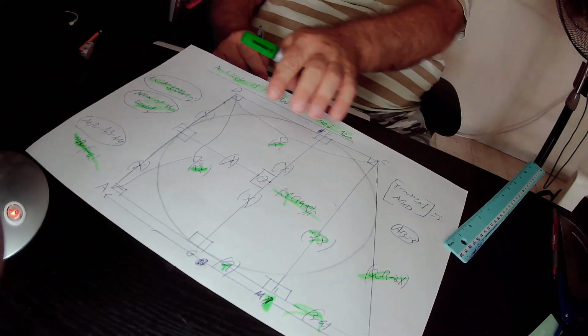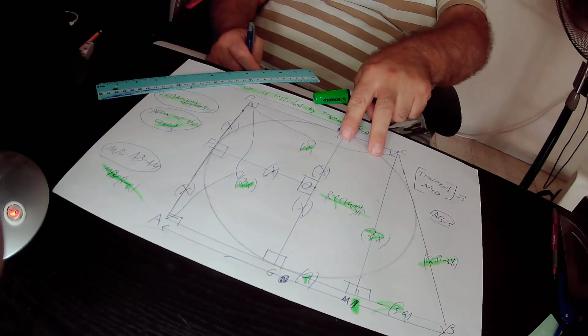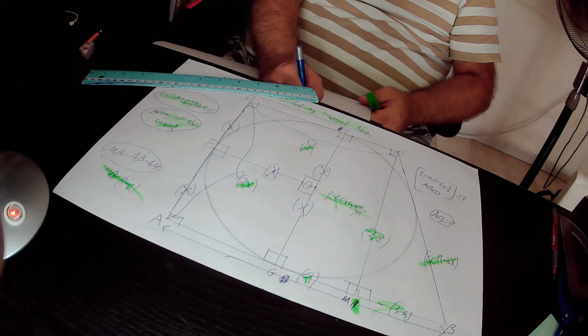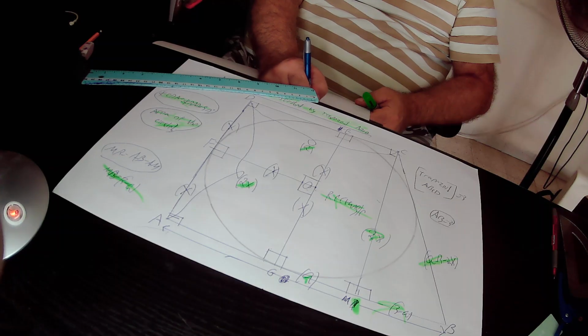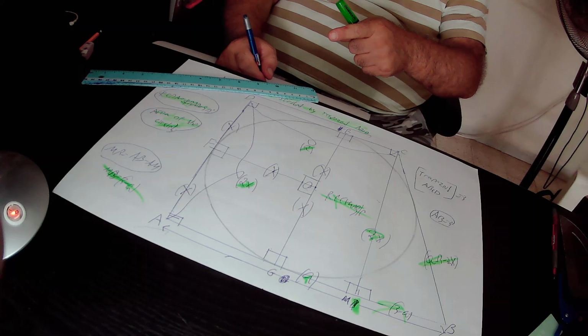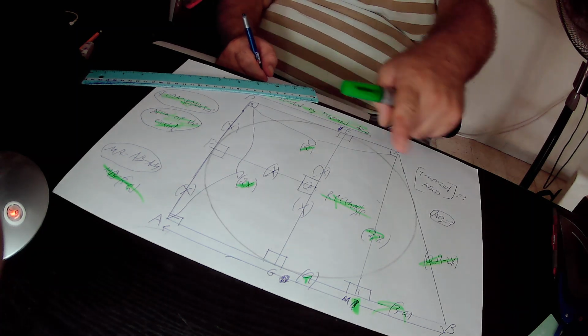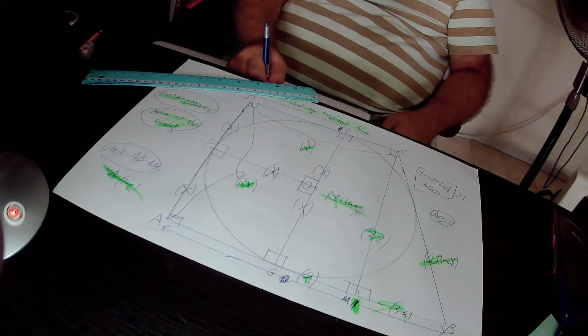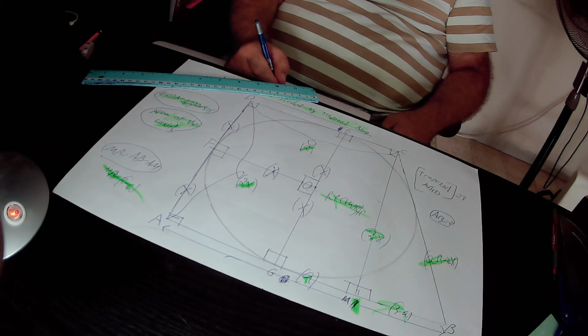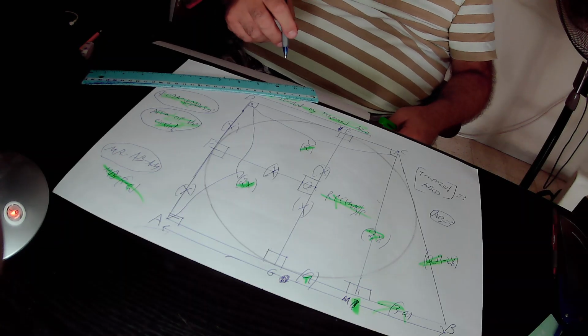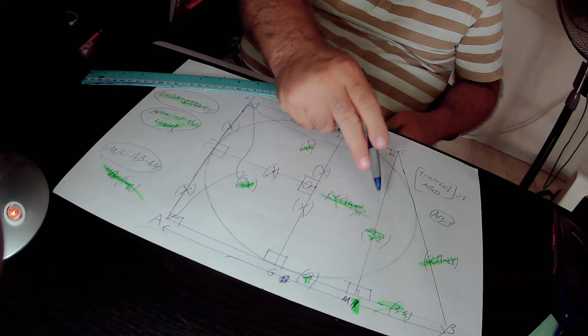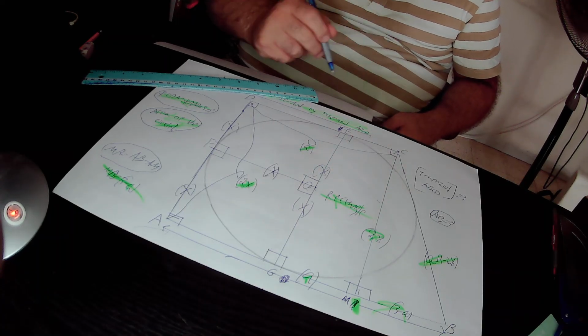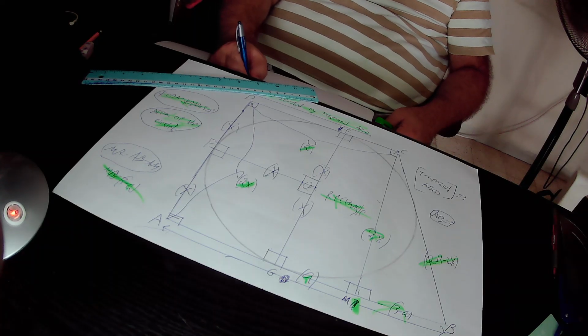So the area of this trapezoid ABCD will be equal to the sum of its two parallel bases, that is to say DC plus AB, times the height CM, over 2.